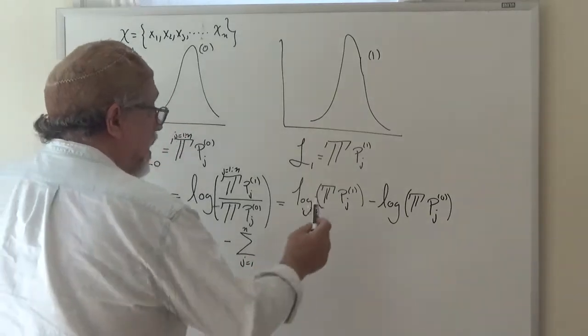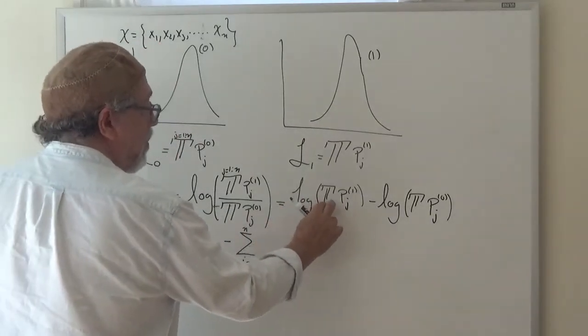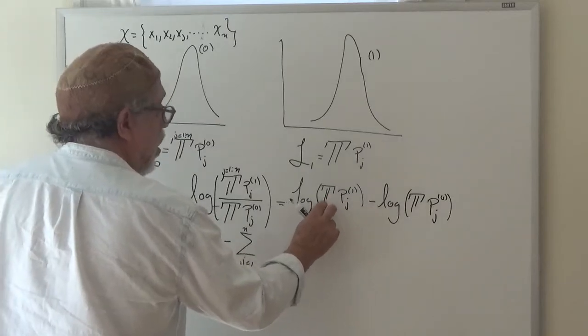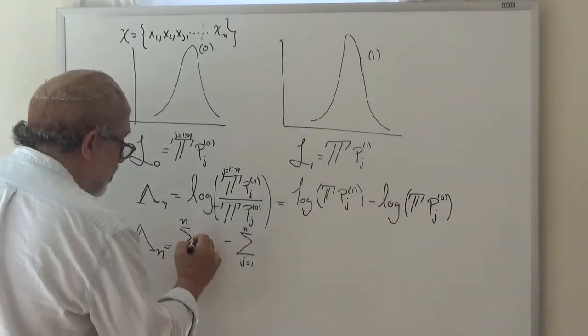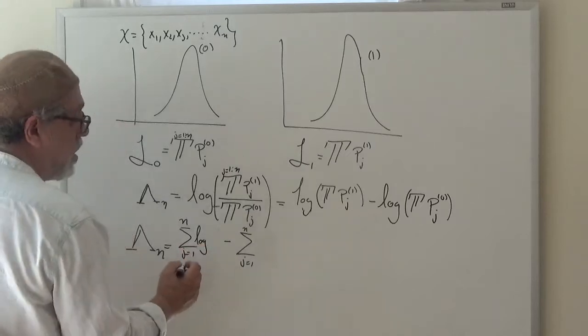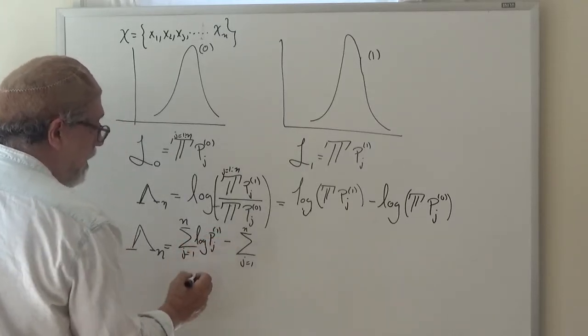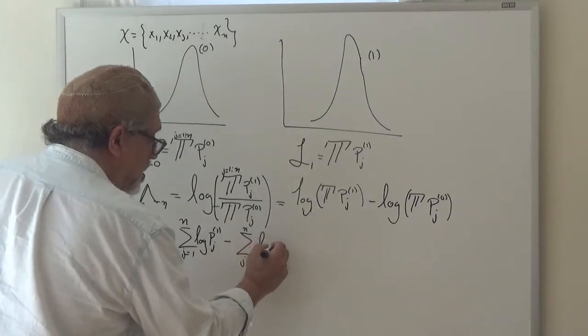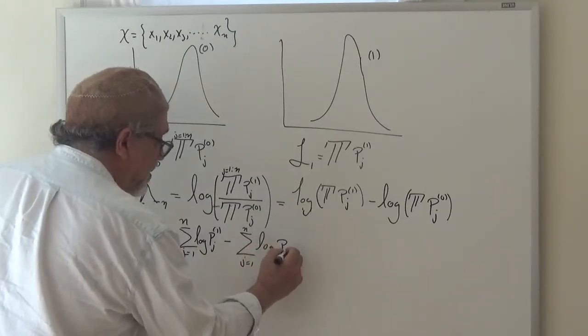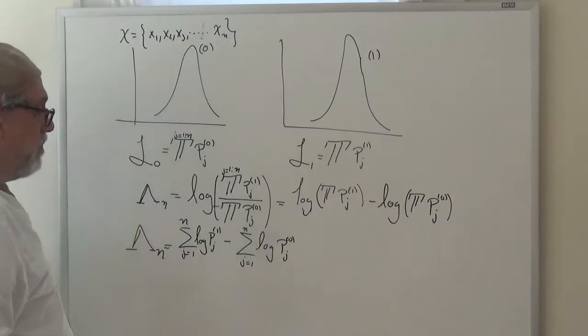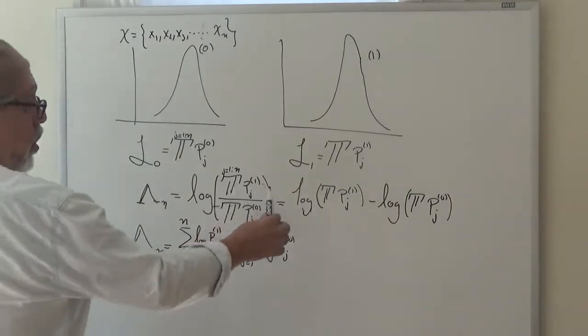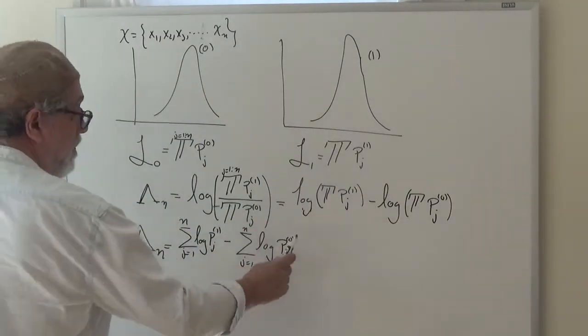So I'm correct up to here. Now I'm saying the log of the product is the sum of the logs of the terms. So I have to say the sum of the logs of Pj1 and the sum of the logs of Pj0.